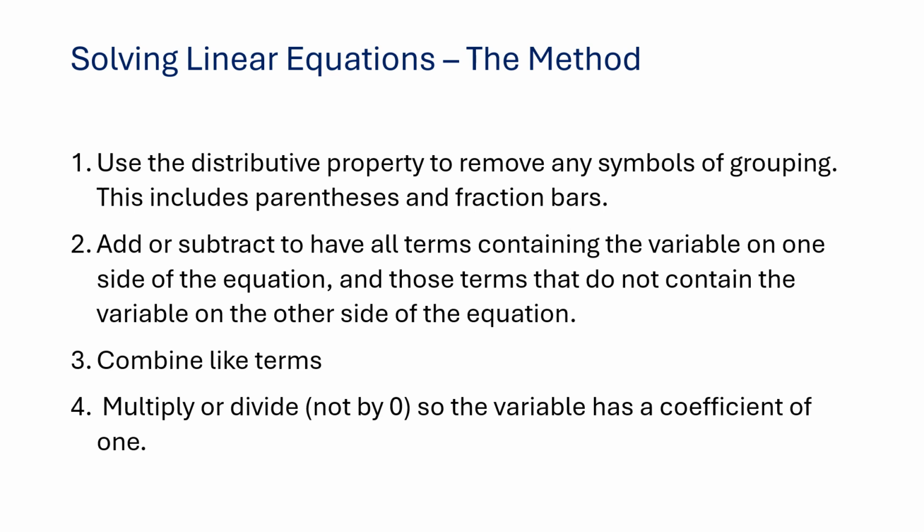Then we add or subtract to have all the terms containing the variable on one side of the equation and those terms that do not contain the variable on the other side of the equation. We then combine like terms. This is important. And finally, we multiply or divide, but we can never divide by zero, so the variable has a coefficient of 1.